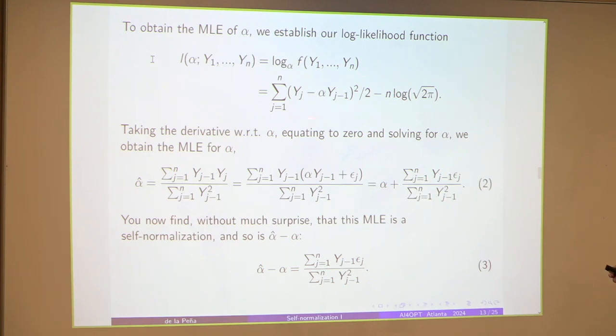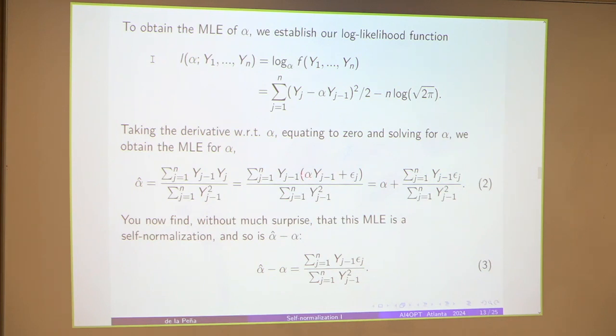Now, when you take the derivative of the log likelihood and equate it to 0, solving for alpha, we get the maximum likelihood estimation of alpha, which is alpha hat and turns out to be this sum. Here we have the sum of yj yj minus 1 over the sum of yj minus 1 squared, which, because of the definition of yj, can be written this way.